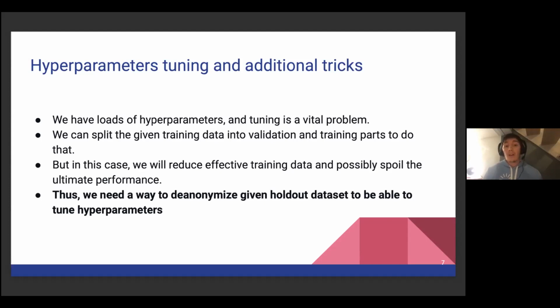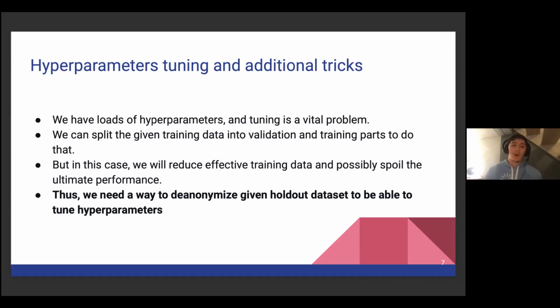But we also have specific hyperparameters, like the type of subspaces we use, and if we split them into batches, the size of these batches. So the tuning of these hyperparameters is a vital problem, and we need a held-out data set to tune them.